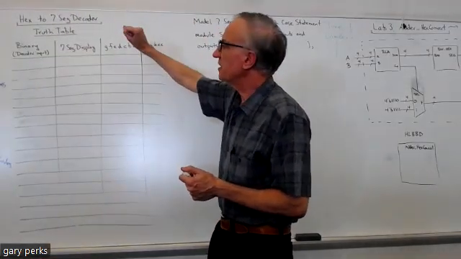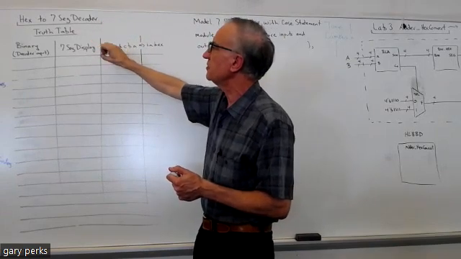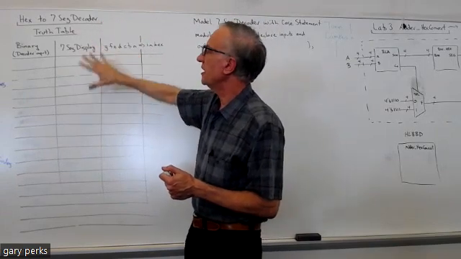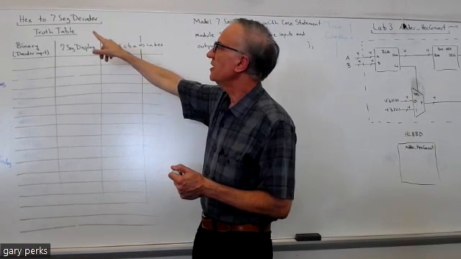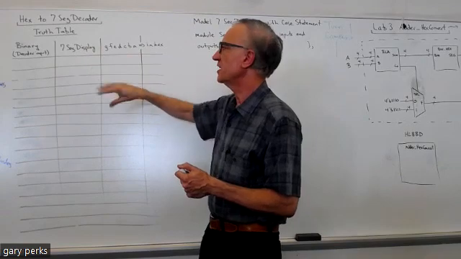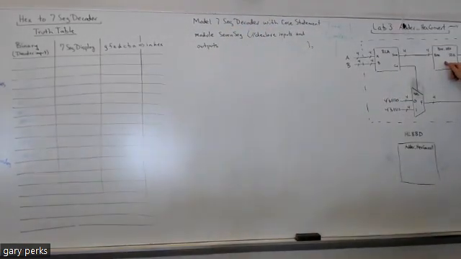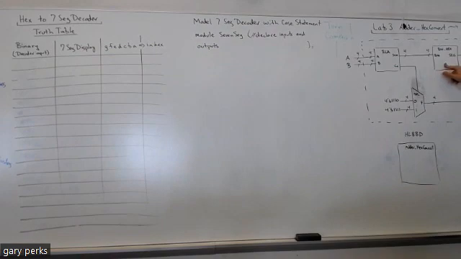Okay, so the next thing we're going to do is come up with a truth table for a hex to 7-segment decoder. This is one of the modules that you're going to need for lab 3. So you're going to design this and test it just like you did the MUX, just like you did the RCA.